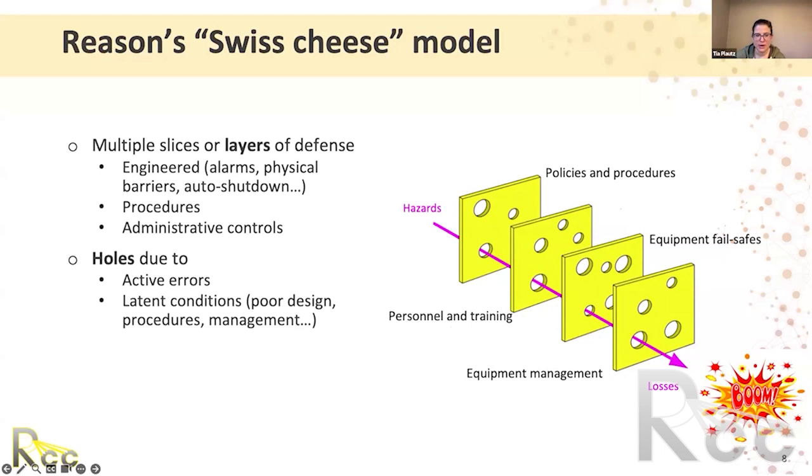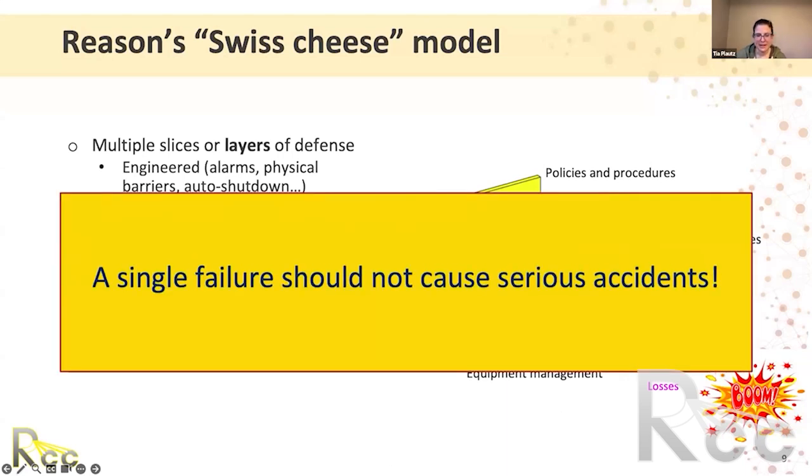So we want to ensure that it's very difficult to make this straight line through the barriers. And if you do have a hazard that results in a loss, we'll talk a little bit later about what sort of process we can use in order to identify the weaknesses in these barriers and how to improve them. So that is our moral of this slide.